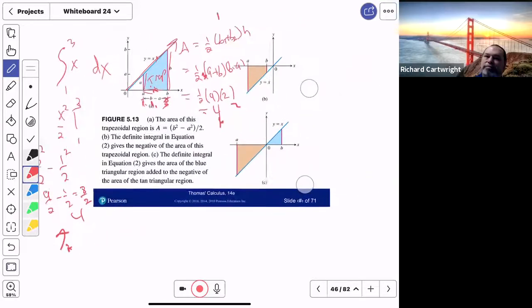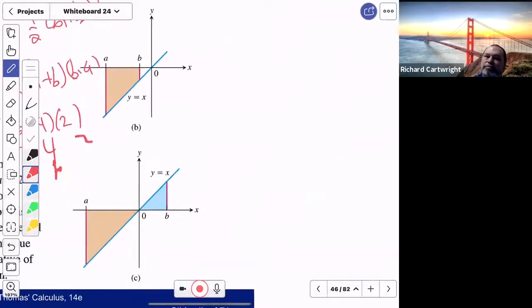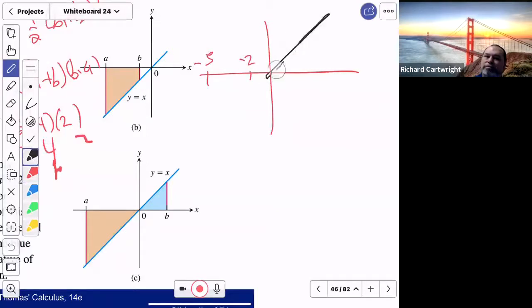How about if y equals x, and you were in the negative? I'm going to call a negative, this time I'll go -5 for sure, and I'll call this b -2. And there's my function. It's still that function. And so here's the area that I'm talking about. With geometry, you're always going to get a positive answer. But in reality, it's not positive.